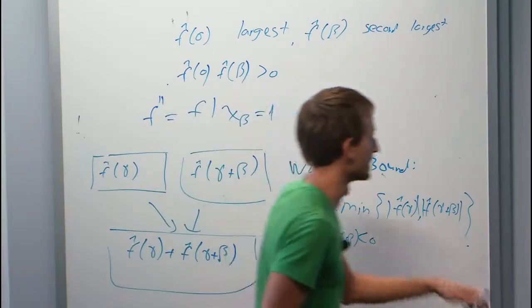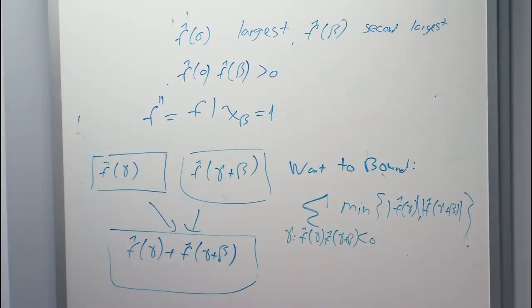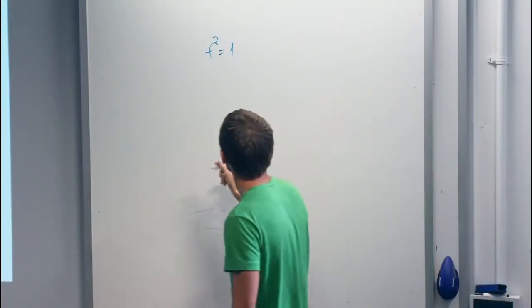So maybe I'll switch to that side. So here's the crucial part. When you use the Booleanity of f, you claim that f squared equals 1. That's obvious.